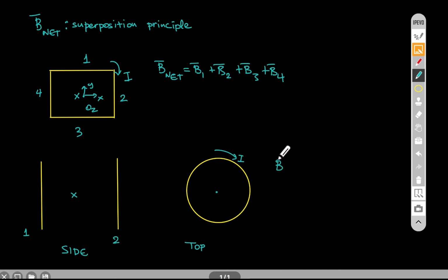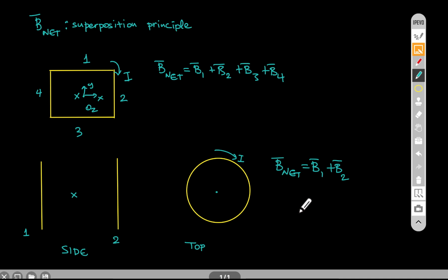Then with a similar approach, the net magnetic field at the observation location is B1 plus B2. To find B1 you would use the expression for the magnetic field for a single circular loop, and to find B2 you would do the same thing, and then you would add the two magnetic fields together.